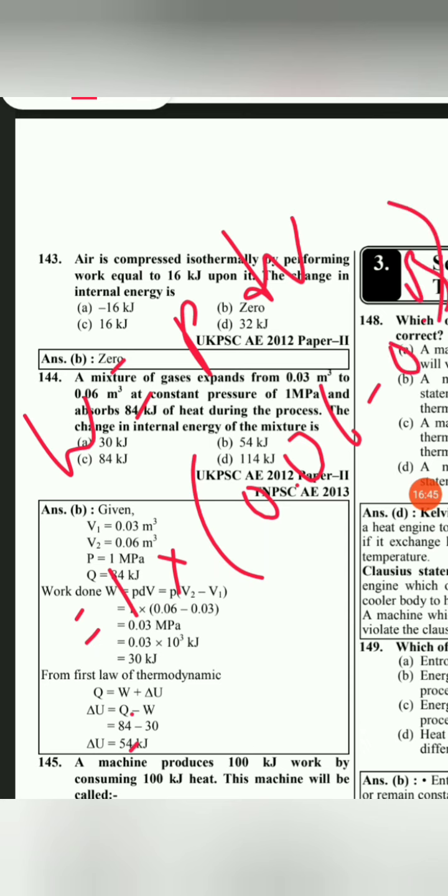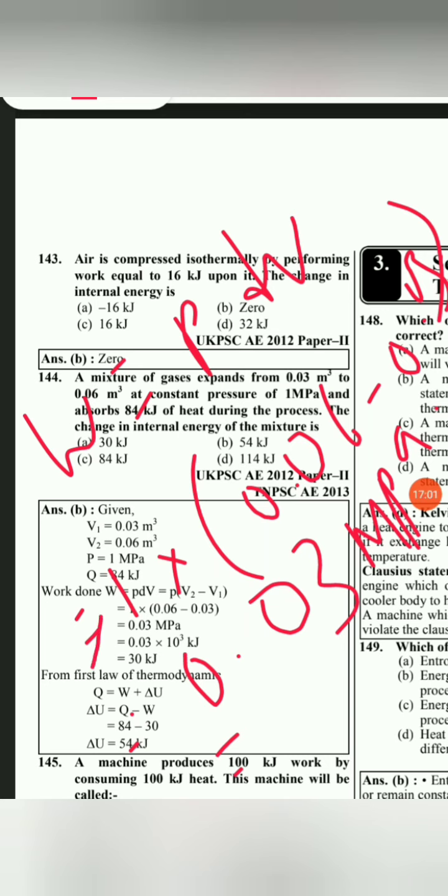So it comes out to be 0.03 in megapascal. Now we have to convert it into kilojoule, since we have to find the work done. For that purpose we multiply with 10 raised to 3, and it comes out to be 30 kilojoule, that is the work done.